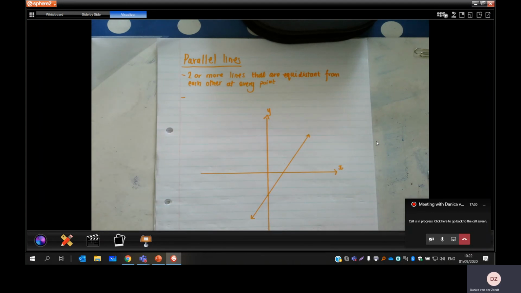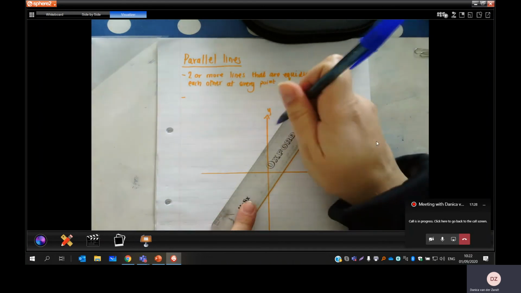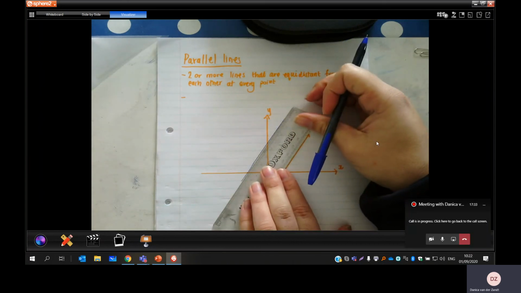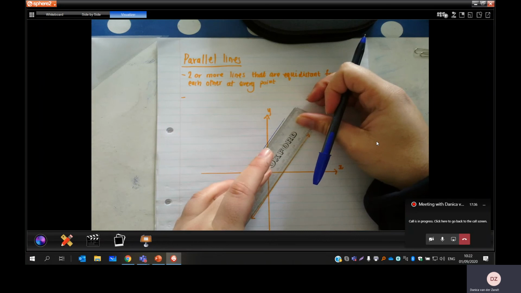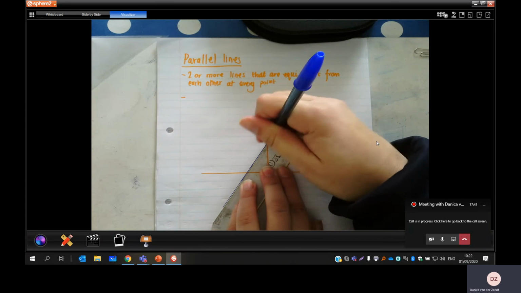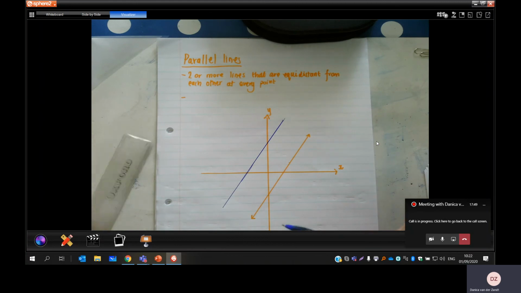So I'm going to use my ruler as a quick trick just to draw another line that's parallel on my axes. Hopefully your line is neater than my line. So I used the fact that my ruler was a straight ruler without curves and chunks missing, and I drew another line that was parallel.